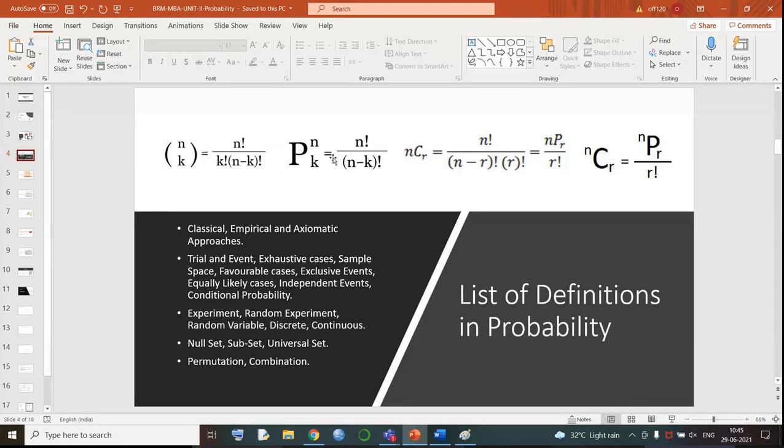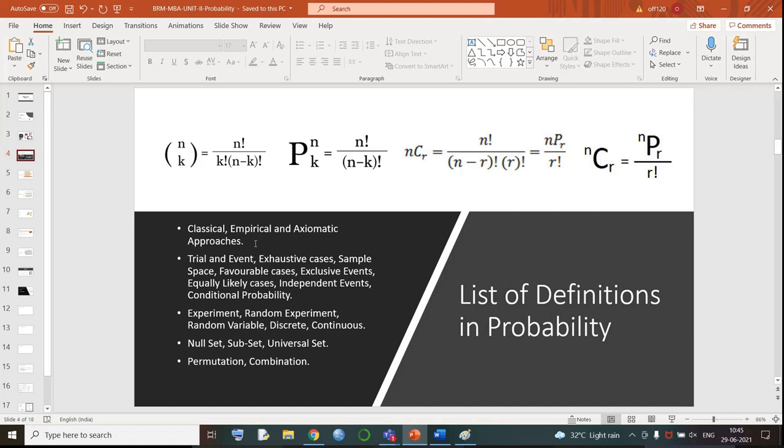Okay, now the basic definitions of probability. There are three different kinds of definitions: classical definition, empirical definition, and axiomatic definition. I'm not much concerned about the textbook definitions. So whatever we are expecting, if we get that, that is called probability according to me.